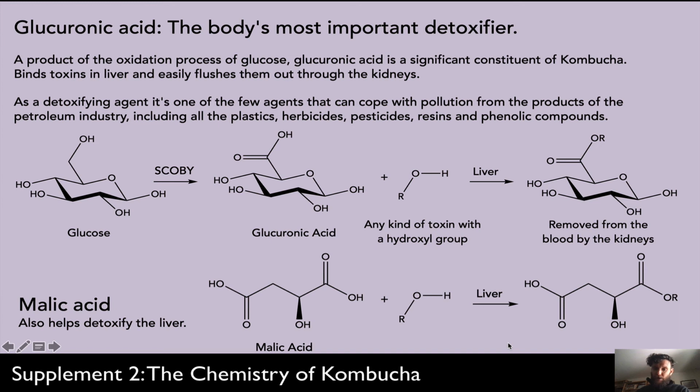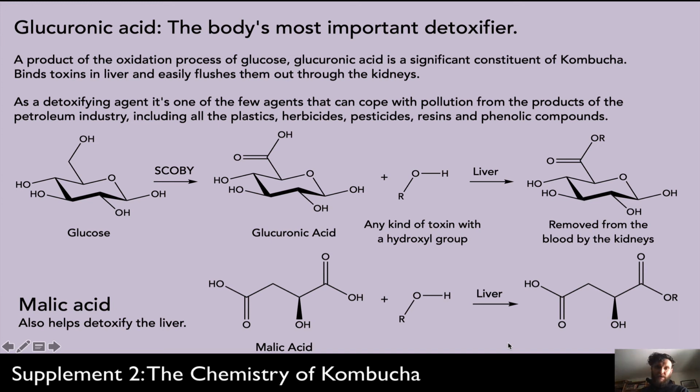It can form an ester with any sort of toxin in the liver, and that molecule is now tagged for removal by the kidneys into the urine. So glucuronic acid, malic acid, really important compounds for helping detoxify the body from all kinds of organic compounds that you may come in contact with in your everyday life.